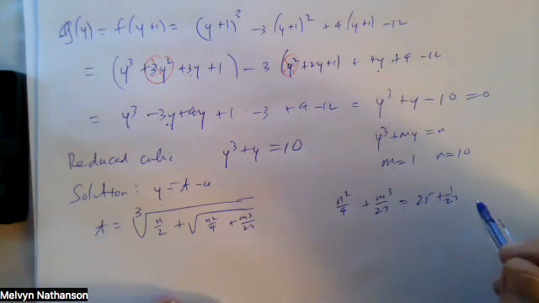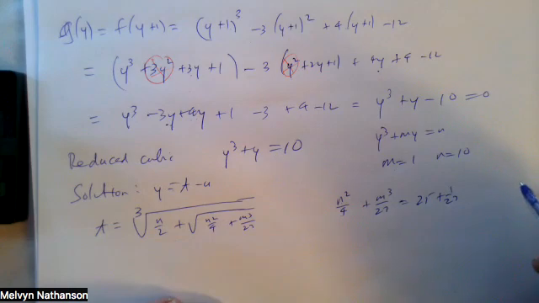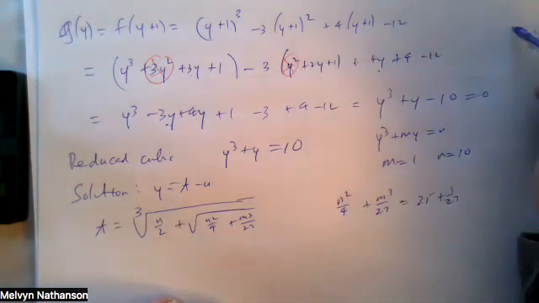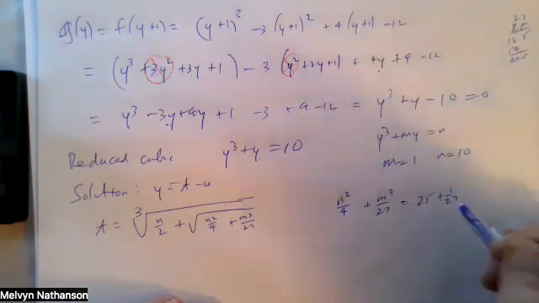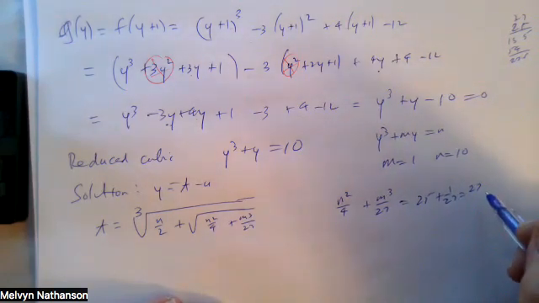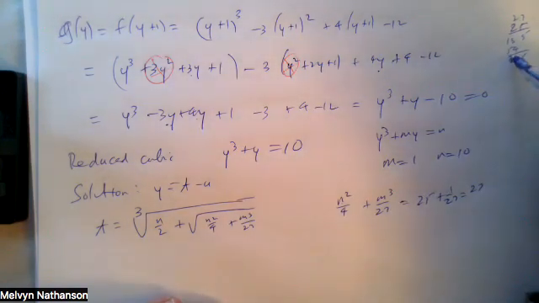Well, whatever it is, that's what it is. Let's see. 25 times 27. This is 135, 54, 276. This is 200 and, sorry, that's not right. 606.